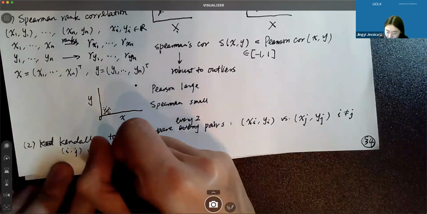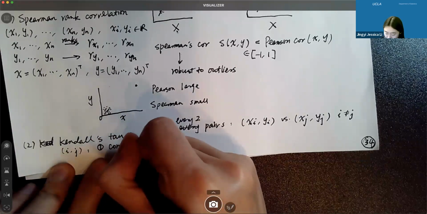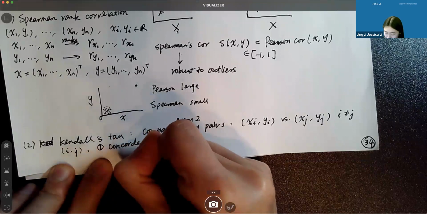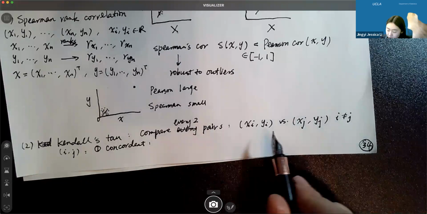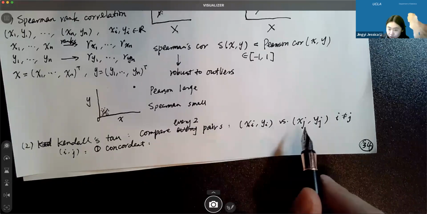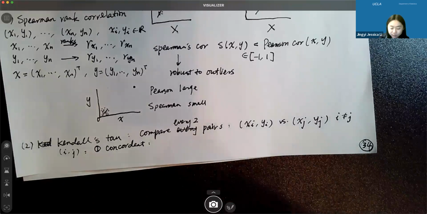The first type is called concordant. By concordant, it means that the direction from i to j in terms of x is the same as the direction in terms of y.